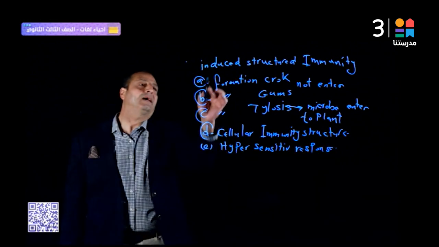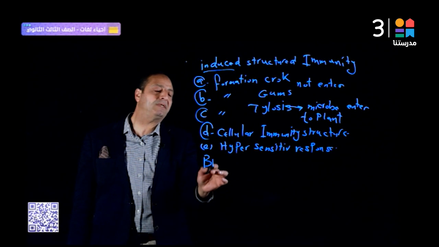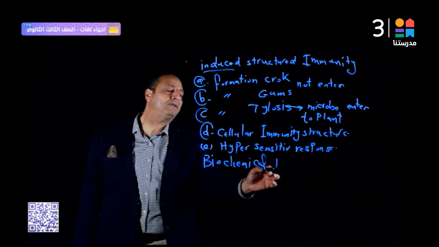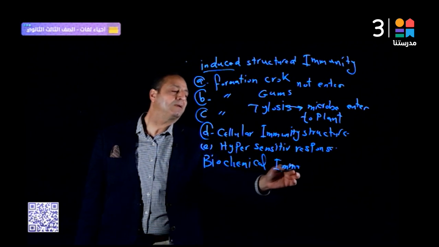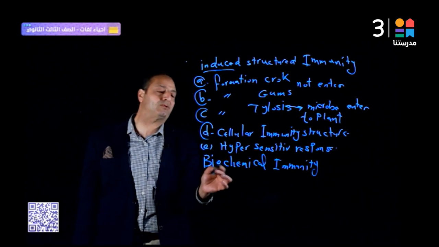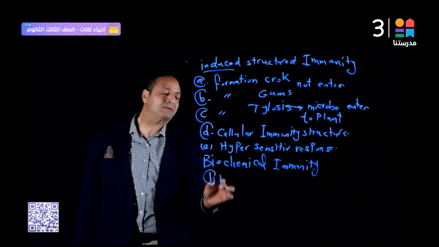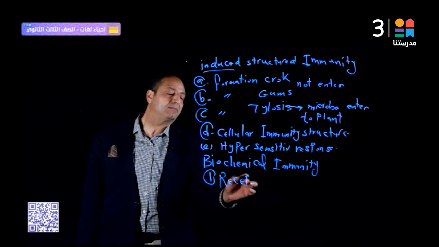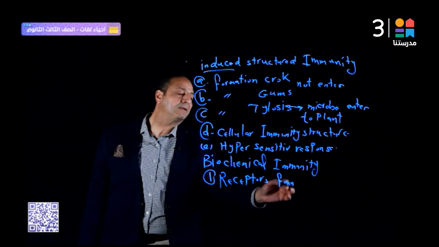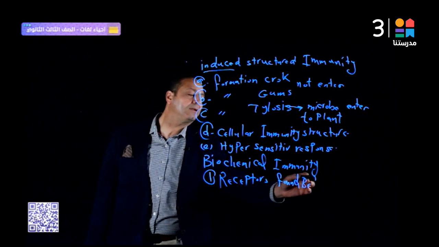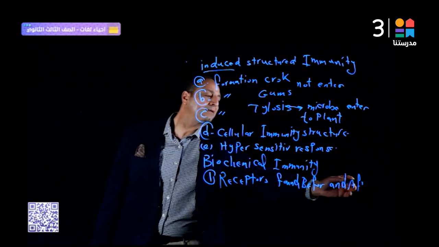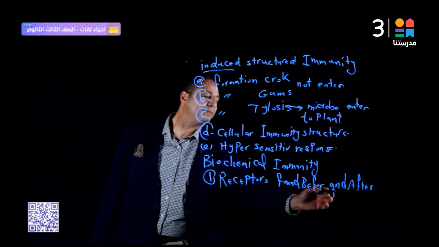Okay, another type: biochemical immunity. Chemical substances secreted from the plant to prevent the microbe and the pathogens from entering. Number 1, receptors, found before and after infection.